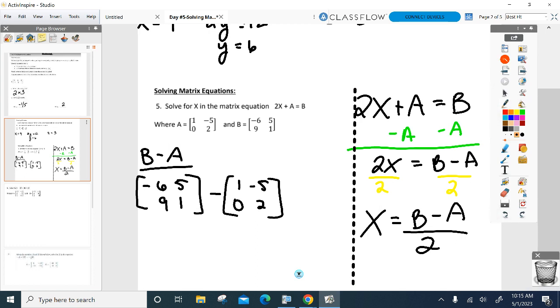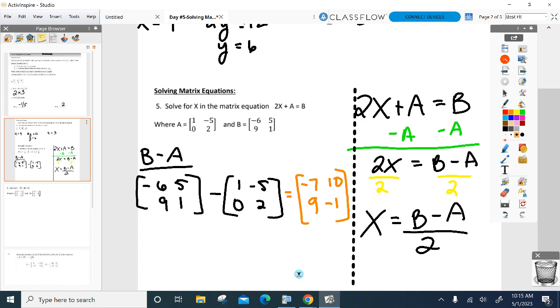All right, so check our work here. So I should end up with negative 7, 9, 10, right? And 1 minus 2, negative 1. How's that look? All right.